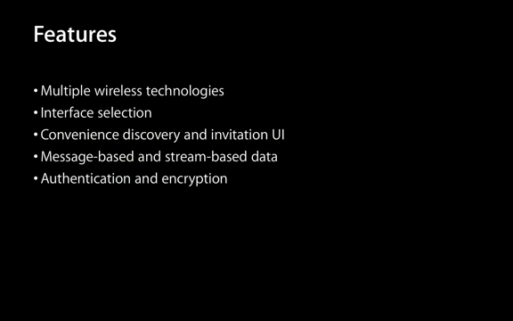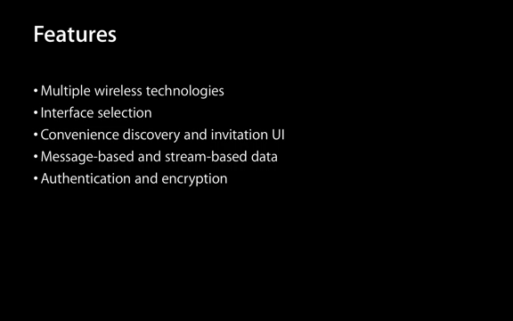So what are the features of the framework? As I just mentioned, we support multiple wireless technologies. We have interface selection. By that, I mean that the framework will choose the best wireless technology for you under the hood so your users get the best networking experience. We will give you convenient discovery and invitation UI.